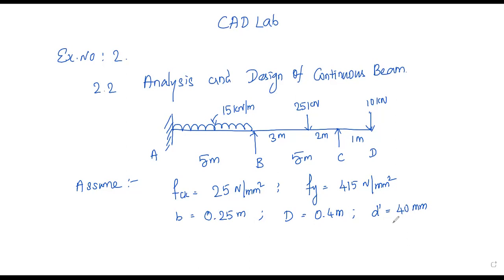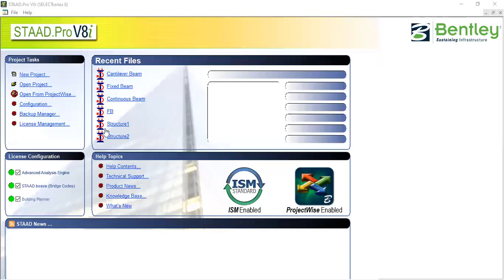Now we have to do the analysis and design of this continuous beam using STAAD Pro. So now I am going to share the STAAD Pro screen with you. The first thing, we have to assign the job.